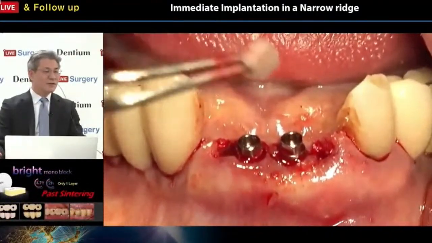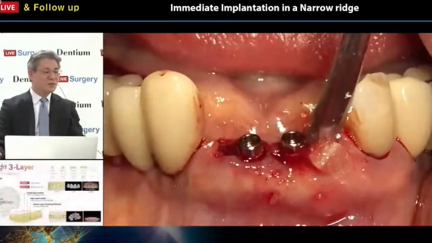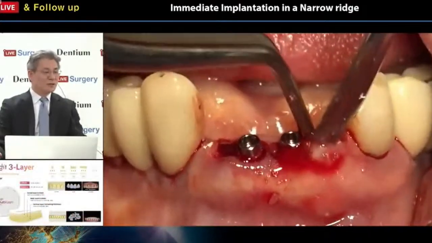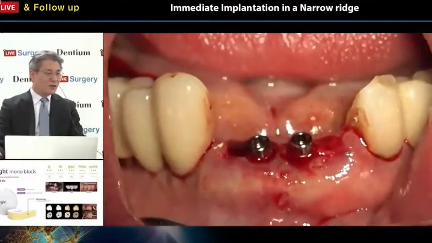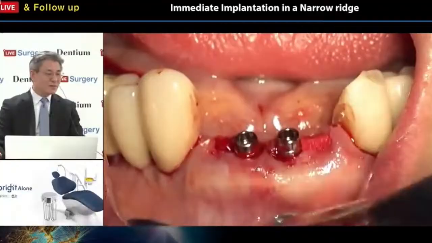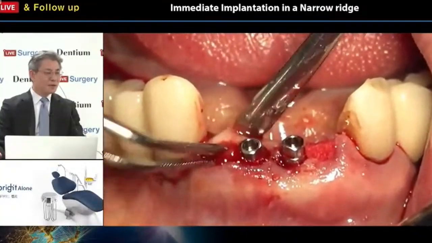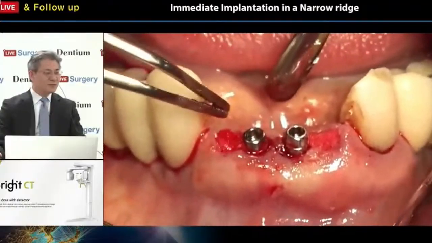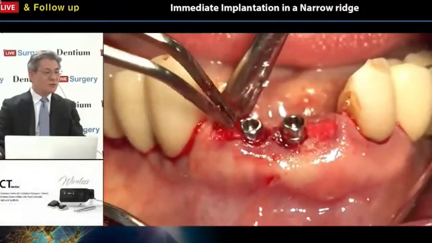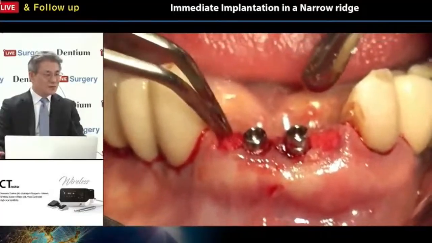Okay, and after that, another grafting. Now he is using the collagen graft tool. This collagen graft tool promotes faster soft tissue healing.